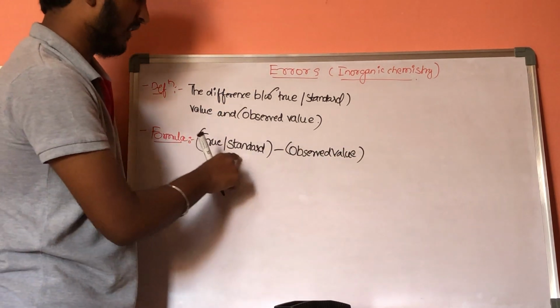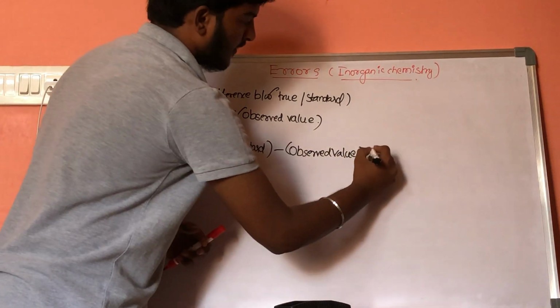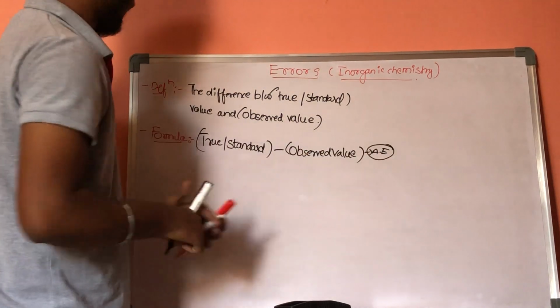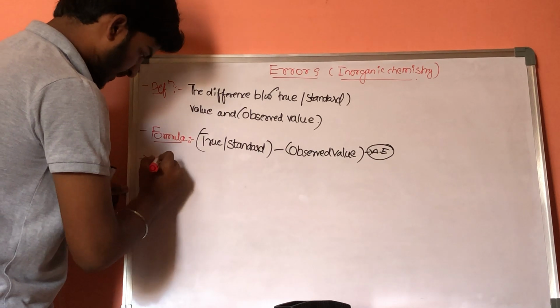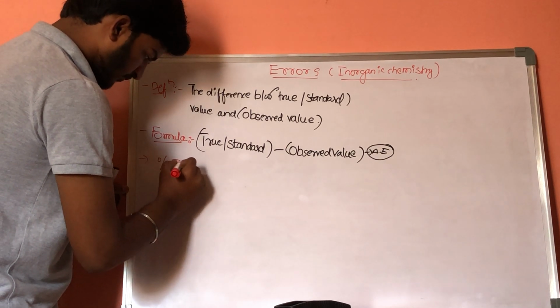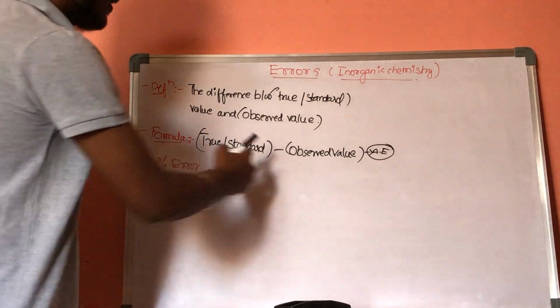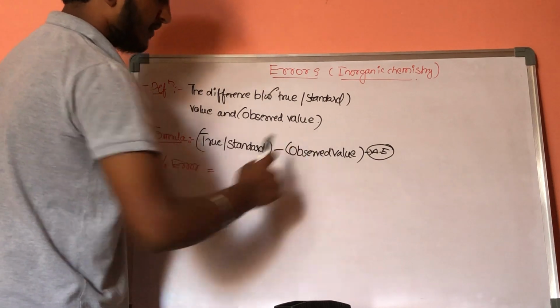This is absolute error. Now there is one more formula, that is percentage error. This is the formula for absolute error: true value or standard value minus observed value.